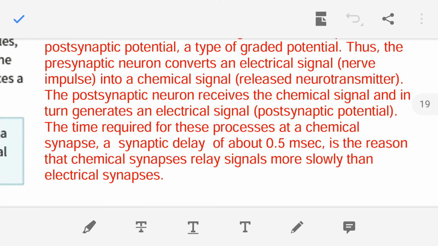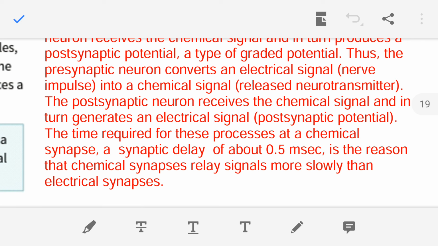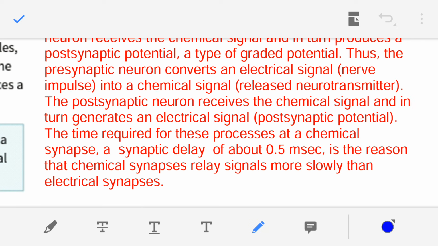Now the time required for all this process at a chemical synapse is about 0.5 millisecond. When we discussed the electrical synapse, the nerve impulse propagated in the form of electricity or current, and that time was only 0.1 millisecond.